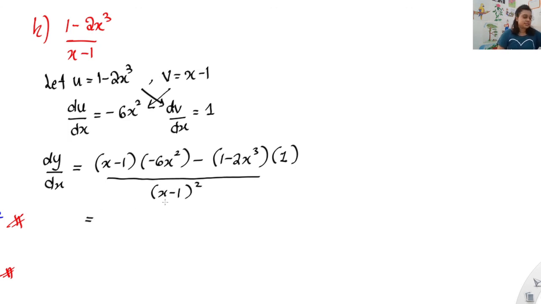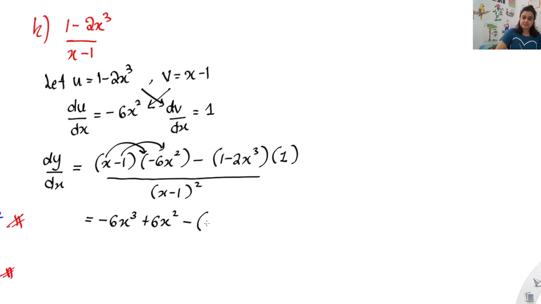In this case, you can actually expand, like how you do your quadratic. So I'm going to expand. You'll get negative 6x to the power of 3, and expanding here you get plus 6x to the power of 2.